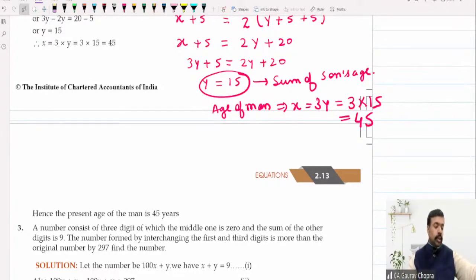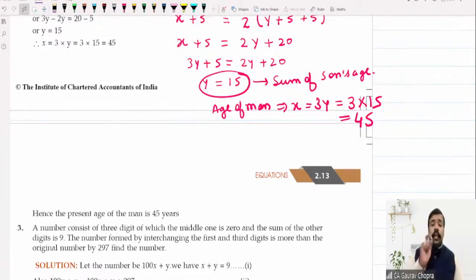Ms. Akshaya Road says, while solving word problems, which options to consider? See, in these illustrations, options are not given, but when we do the exercise, such options will be available. So we will do the exercise questions with the help of options. Actually we are doing both the methods.